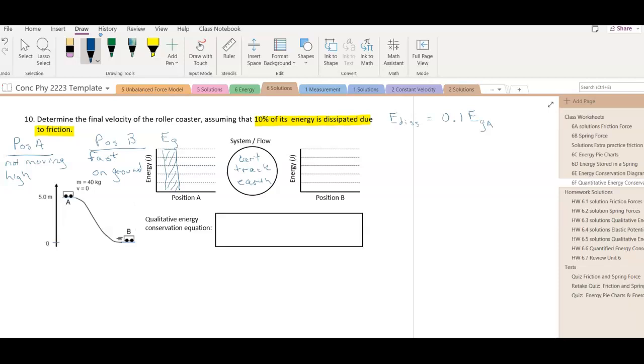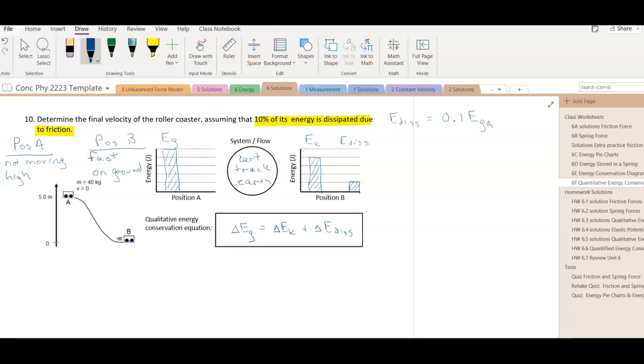Okay, so I'm going to have some dissipated energy here at position B because of friction, but mostly we're going to have kinetic energy because it's going very fast as it gets to the bottom of the hill. Okay, so the change in the gravitational potential energy is the change in the kinetic energy plus the change in the dissipated energy.